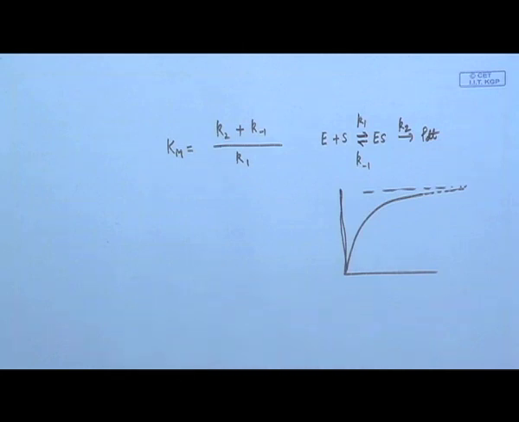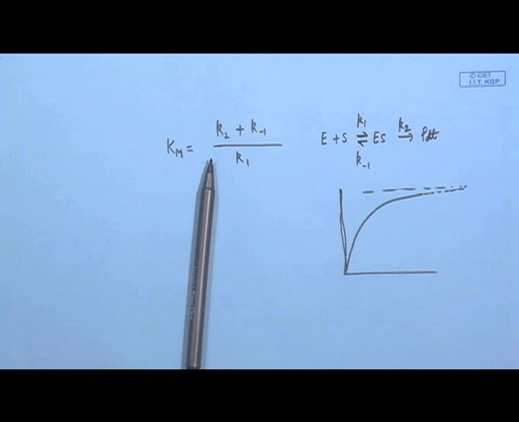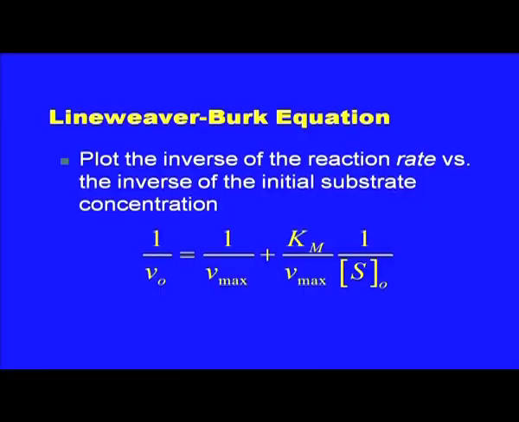So that is why, to get more information, it is always better to express this complicated equation in a linearized fashion. That is why this double reciprocal plot, that is inverse of reaction rate versus inverse of initial substrate concentration, is plotted. And you see, if you do this inversion plot, then it is just like a linear equation, where y will be 1 by v and x will be 1 by s naught.